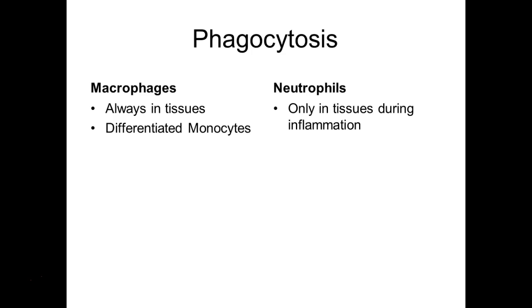Unlike neutrophils, which are very rarely in our tissue unless they were called there during inflammation. Right? They don't just go there and hang out like macrophages do. They're called to the scene. So can anyone tell me anything else about a macrophage or a neutrophil?